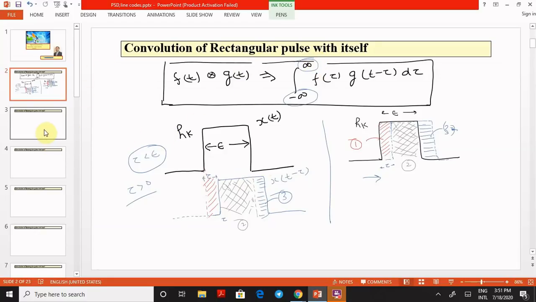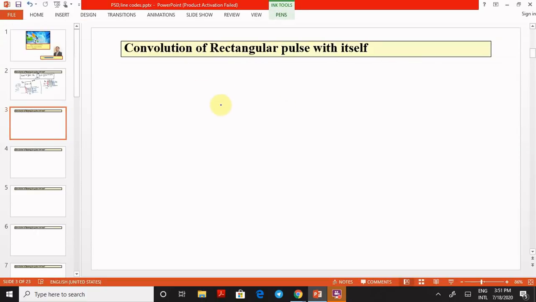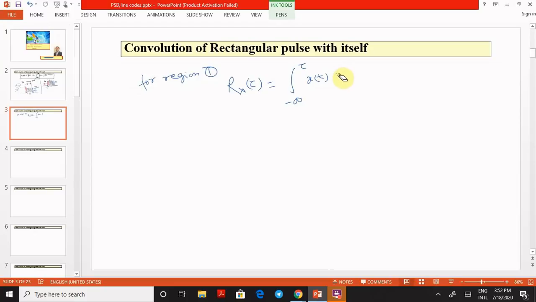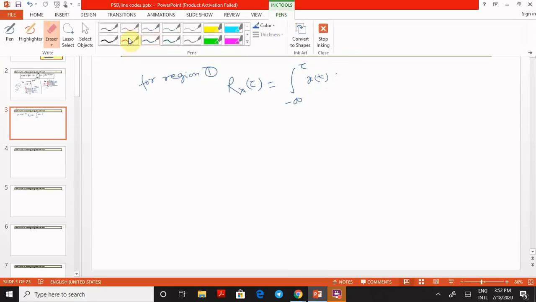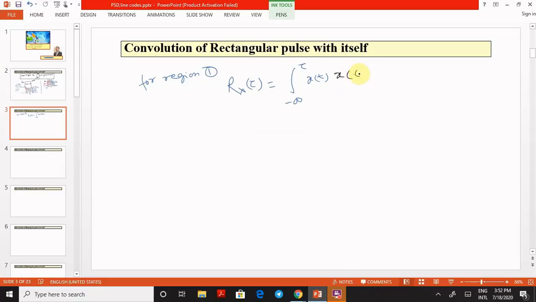So now we can easily write like this: for region 1, the autocorrelation can be written as the integral from minus infinity to tau of x(t) x(t minus tau) dt.